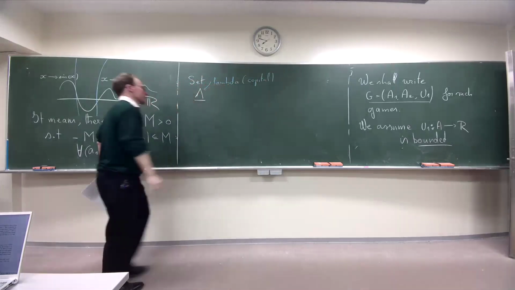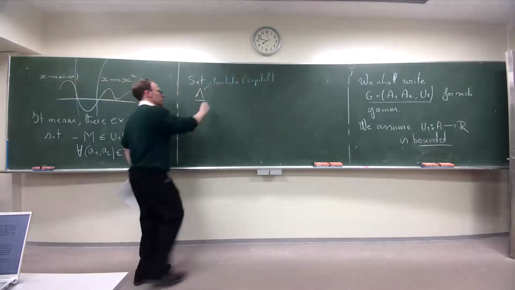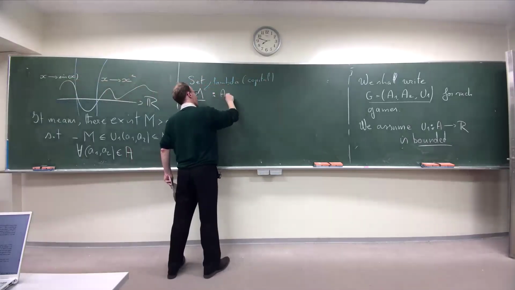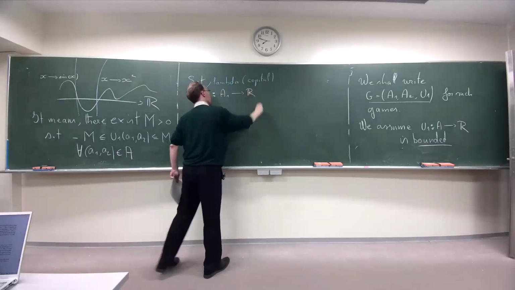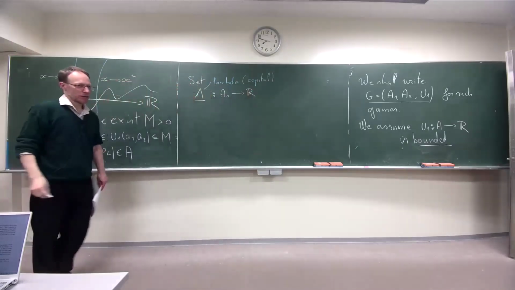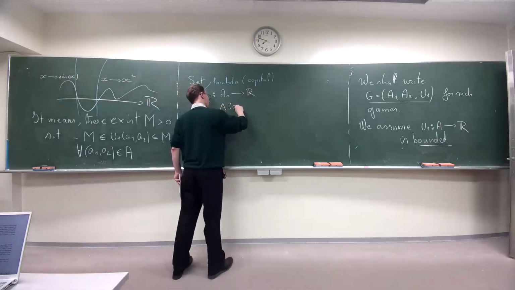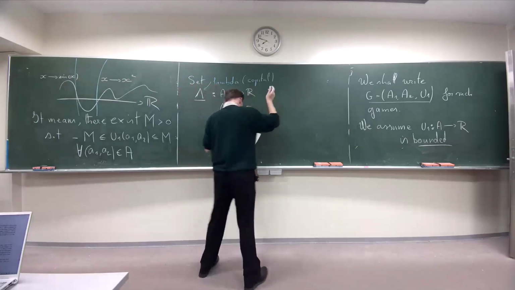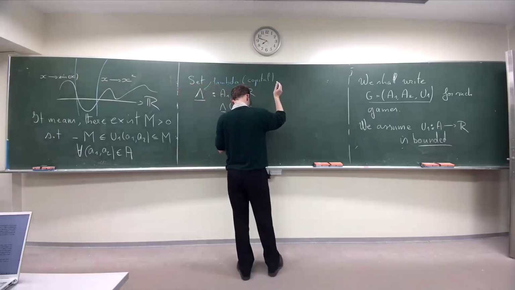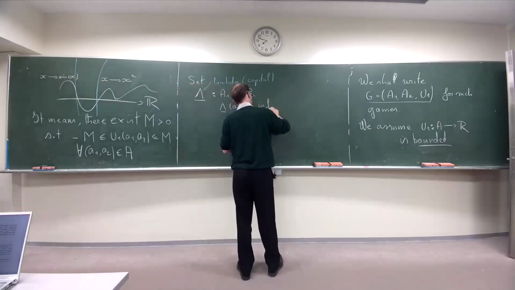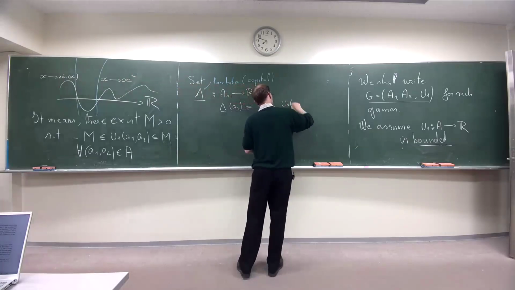I underline it. Capital lambda, it's going to be a function from A1 to R, so only on one variable, and I need to define it. This lambda of a point A1 is infimum over all A2 belonging to U1.